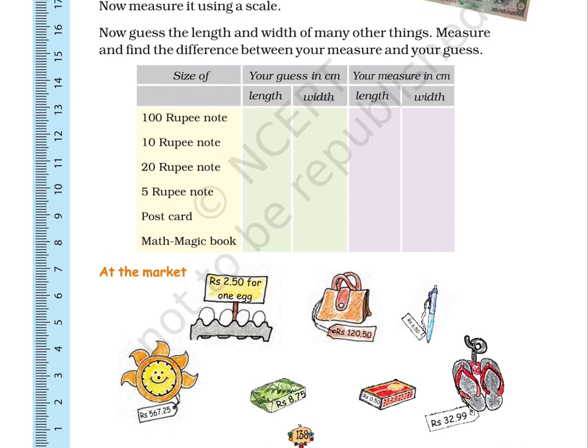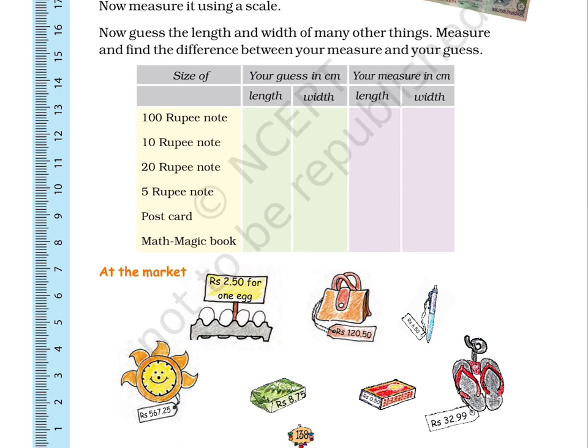Its heading is Your Guess in Centimeters, Length and Width. Column 3 is again having 2 subcolumns. The heading is Your Measure in Centimeters, Length and Width. Fill up the table with your best guesses and the real accurate measurements later on.